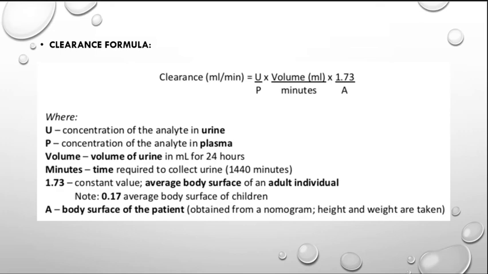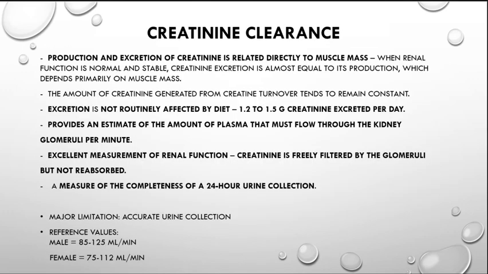And then, the 1.73 is a constant, guys, for adults. If pediatric patients or children are being measured, the one used is 0.17, okay? 1.73 adults, 0.17 children, okay? And then, A is the body surface area of the patient. So, a nomogram is used.